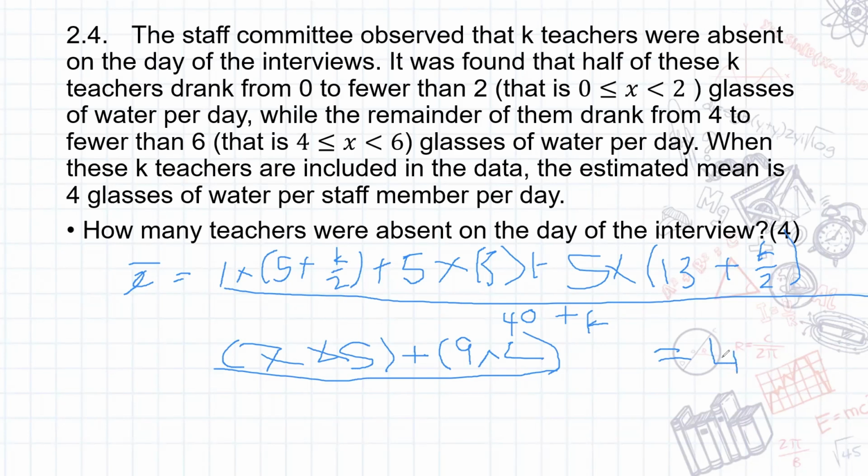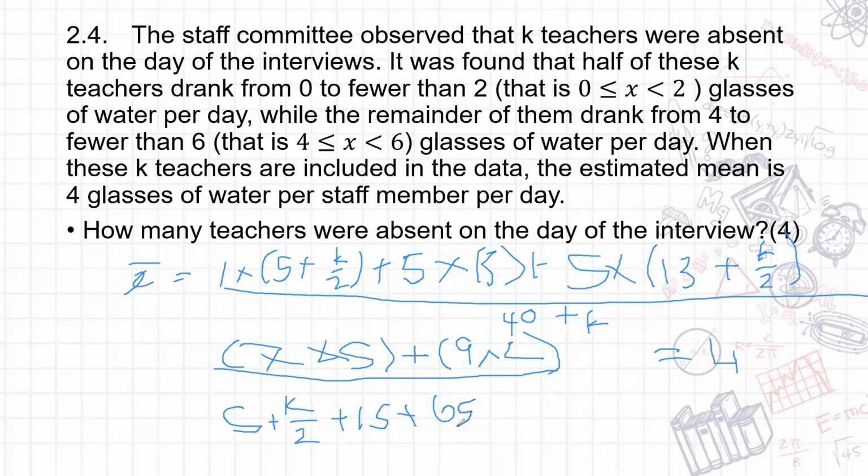And this just becomes now a sum of solving for K. Let me do this step and then I will erase and just continue again. So here we've got 1 times 5 plus K over 2. So we're just going to have 5 plus K over 2. Plus 5 times 3 is 15, plus 5 times 13 is 65.